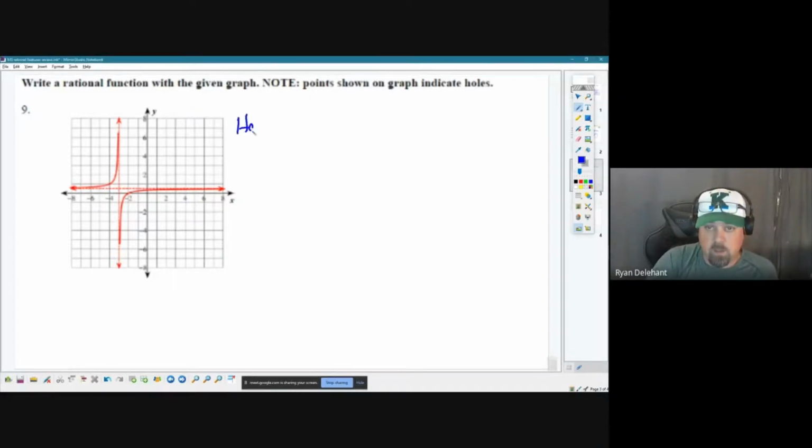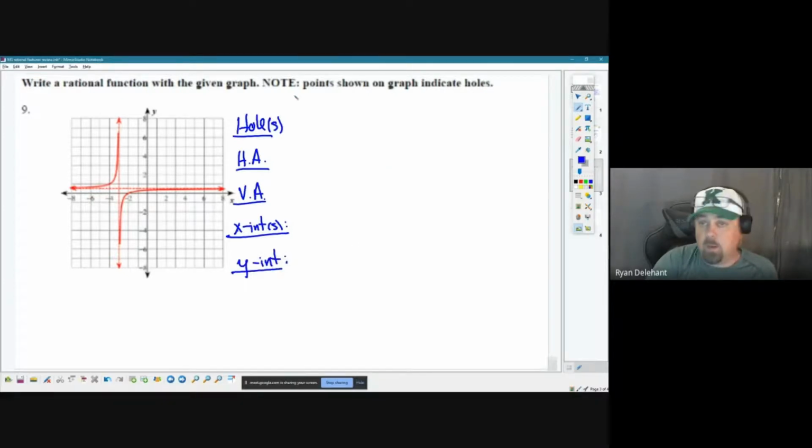So we still want to know where the holes are, where the horizontal and vertical asymptotes are, and then we want to list the x-intercepts if there's more than one, and there should only ever be one y-intercept for this.